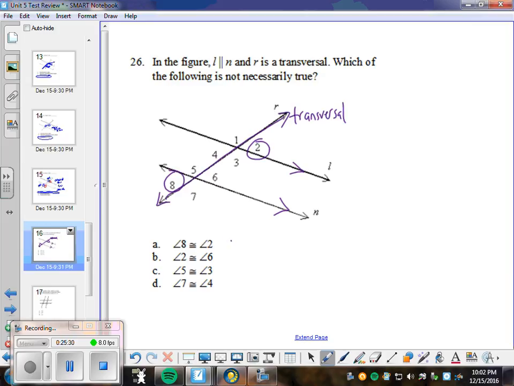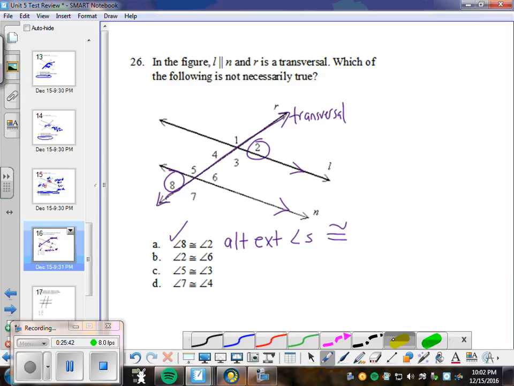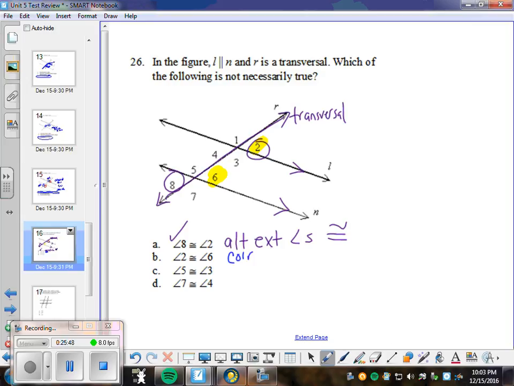Okay, they are alternate exterior angles, so yes, they are congruent. Okay, 2 and 6, they're corresponding, so yes, they are congruent.